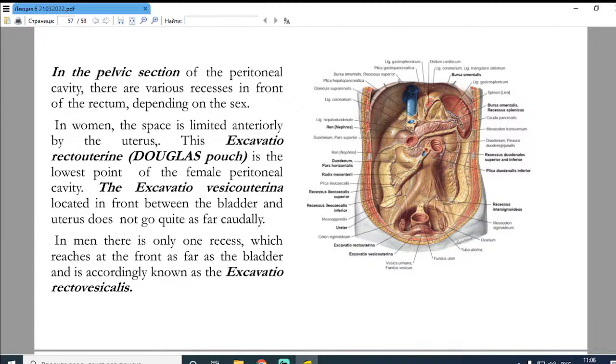In the pelvic section of the peritoneal cavity, there are various recesses in front of the rectum, depending on the sex.